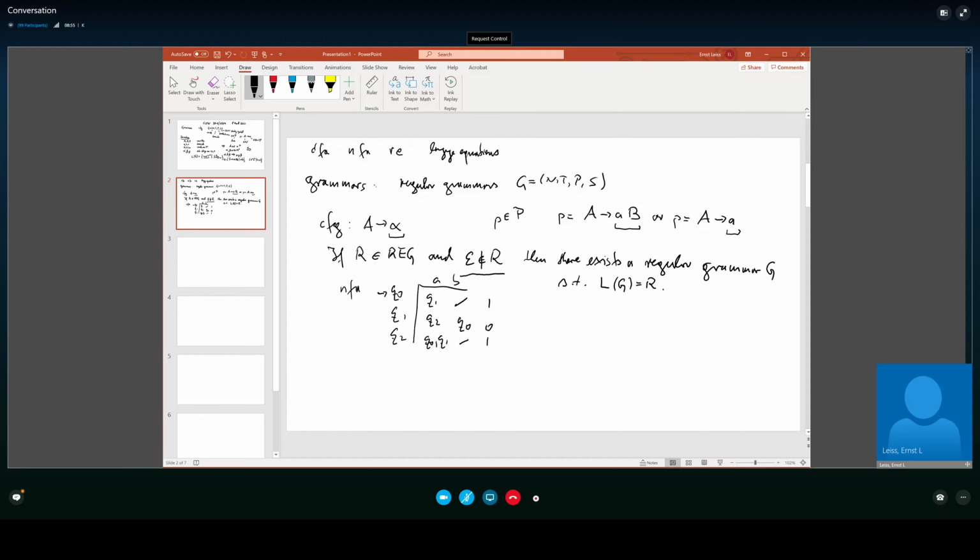So how do we get a grammar that behaves essentially the same way as the non-deterministic finite automaton? What we're going to do is define S0, S1, and S2, and those would correspond to those states. So the variable of the grammar S0 will correspond to the state Q0, S1 to state Q1, and S2 to state Q2.